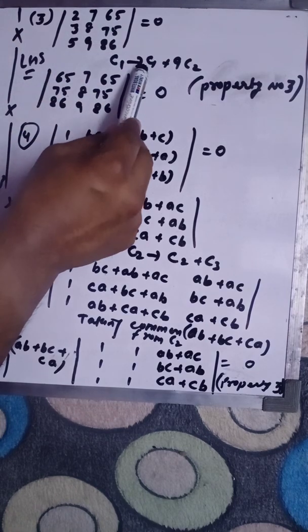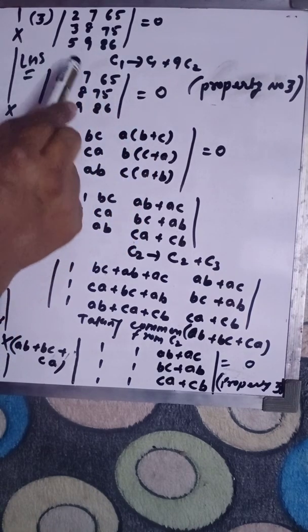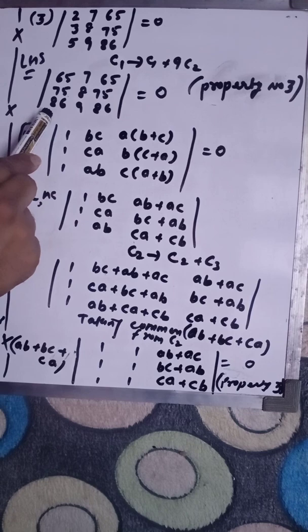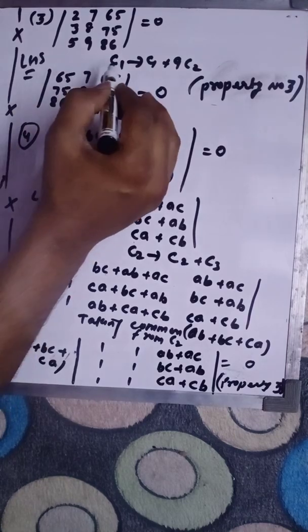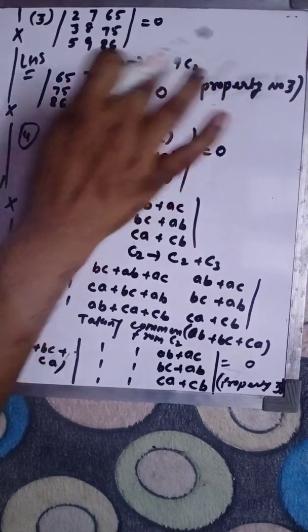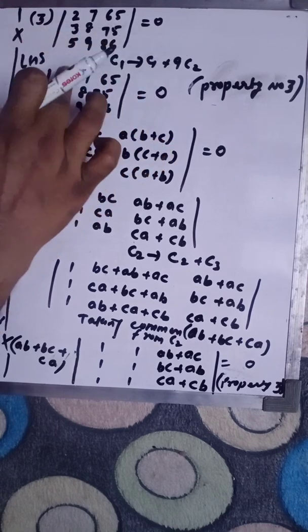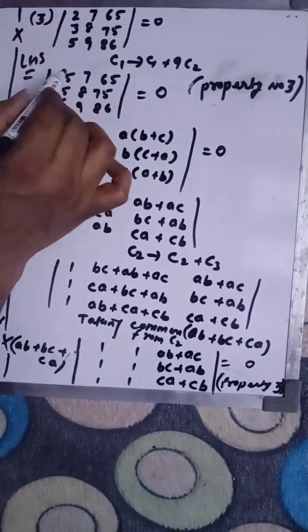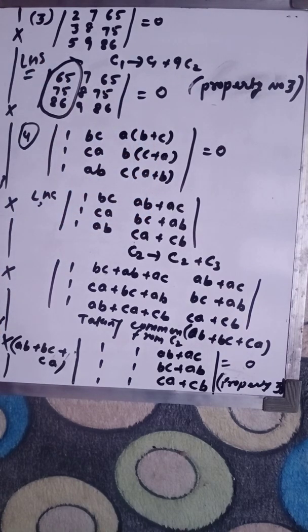When you apply this concept in this question, you will get your first column as 65, 75 and 86. Column C1 plus 9 times column C2, applied to the first column, gives you these elements in column C1.